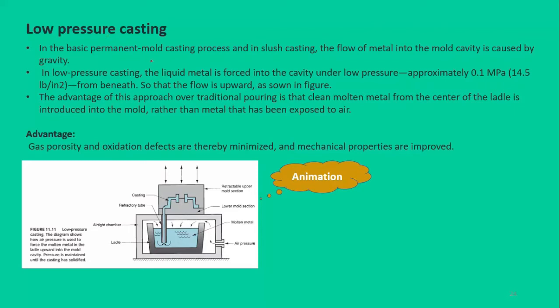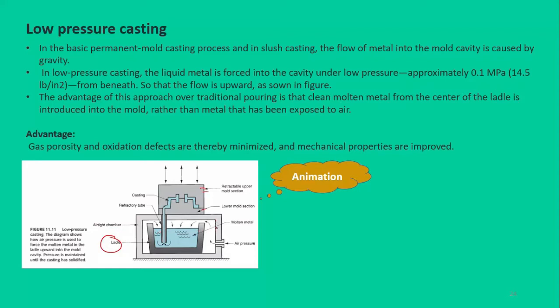In low pressure casting, the liquid metal is forced into the cavity under low pressure. So what happens here, we have the mold cavity or the dies that are closed, and they have a refractory tube that is going into the pool of the molten material in the flask or the ladle.